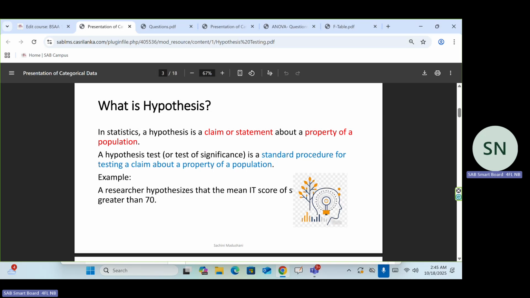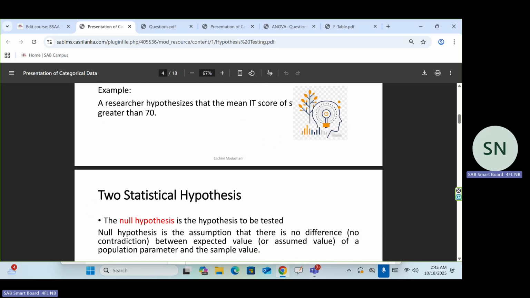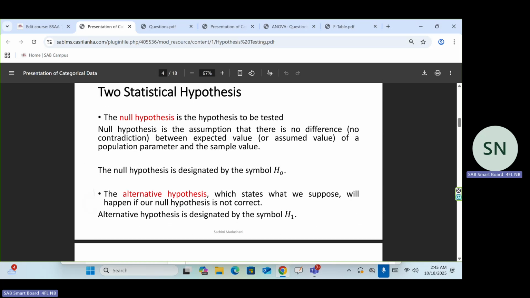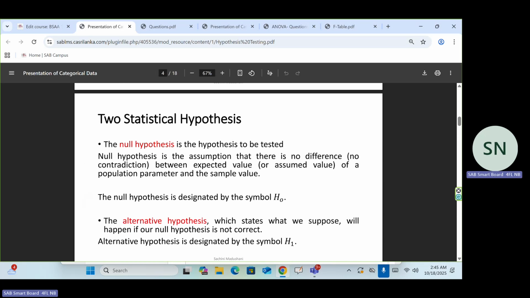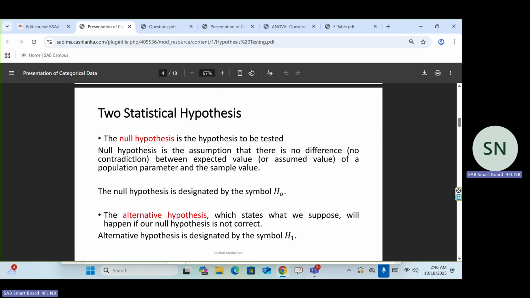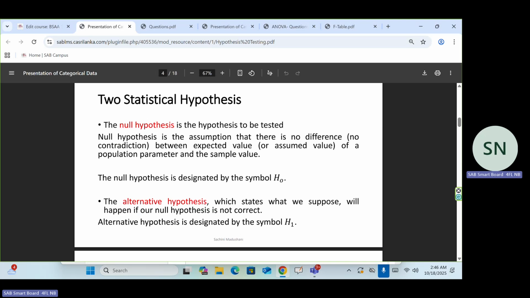Under hypothesis testing, we identify two statistical hypotheses: the null hypothesis and the alternative hypothesis. First we move into the alternative one, not the null. The alternative hypothesis is our claim.